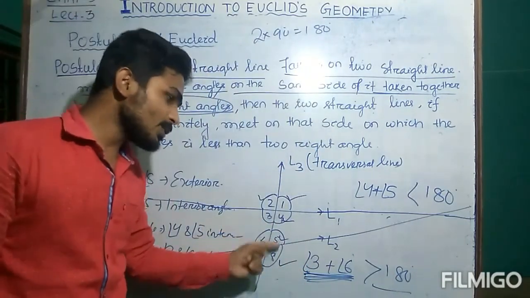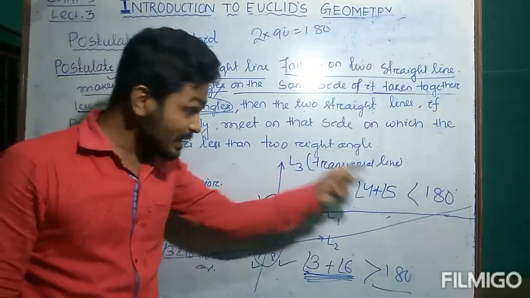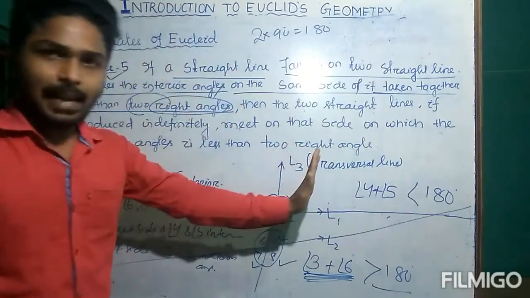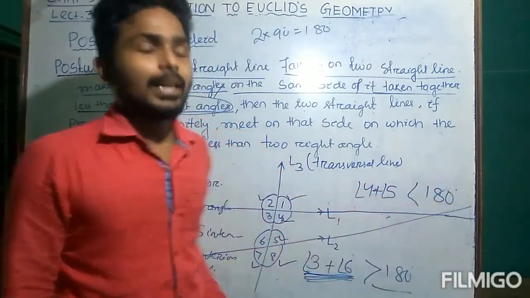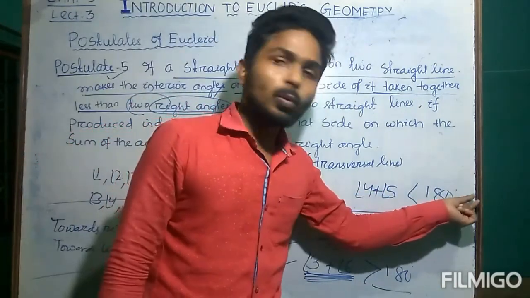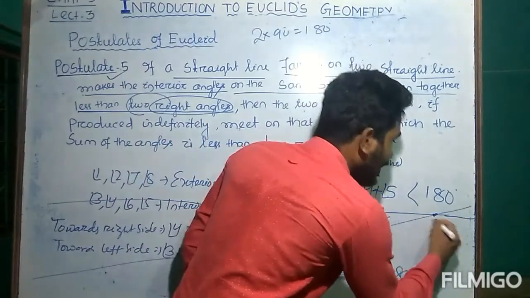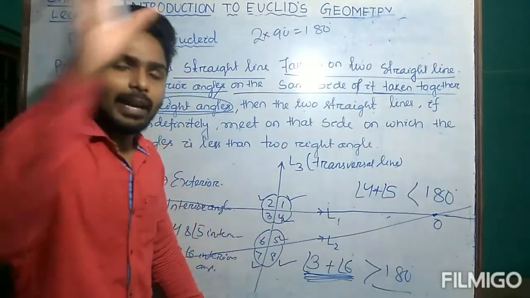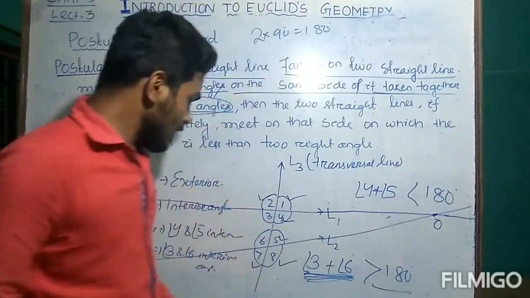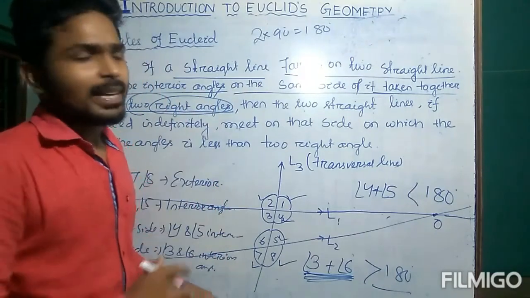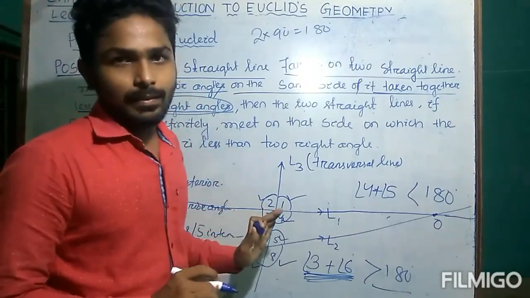But if the sum of the two angles is less than 180 degrees, then on that side, if you produce these two straight lines, they will meet each other at some point in the indefinite direction. Understood? So this is the fifth postulate, and it is also a very easy postulate.